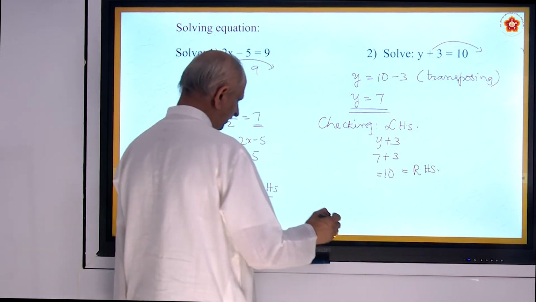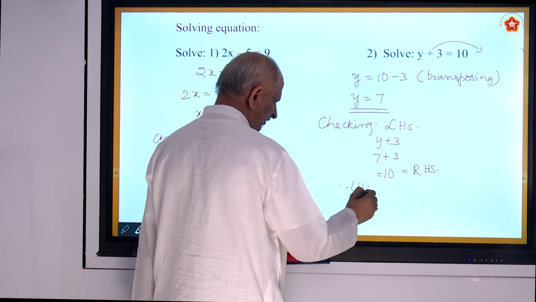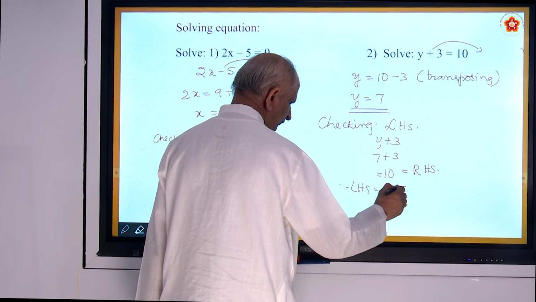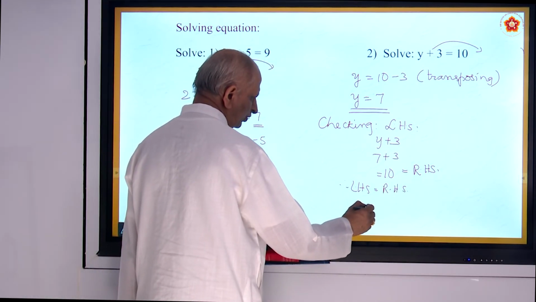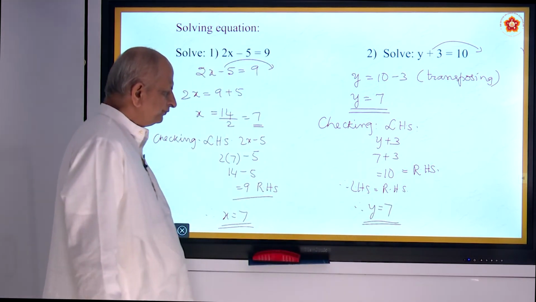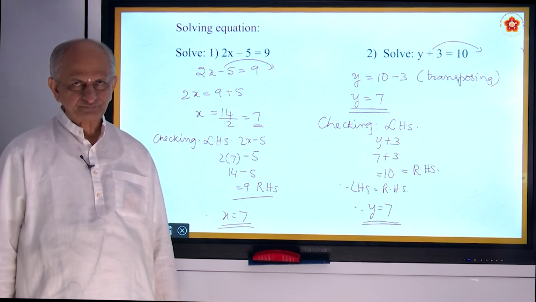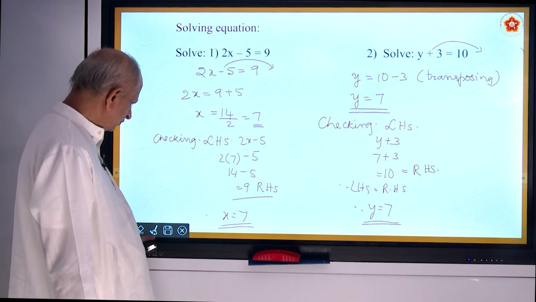As left hand side and right hand side are equal, therefore the value of y equal to 7 is correct. Note it down. Shall we work out 2 more problems? Okay.